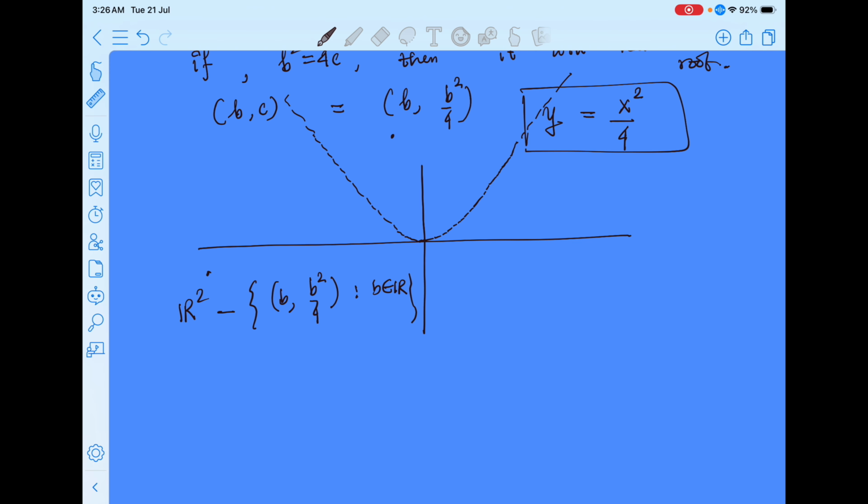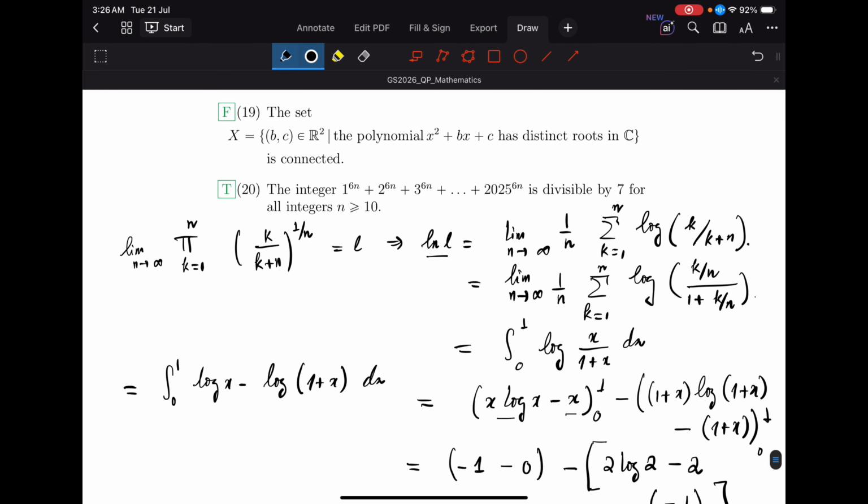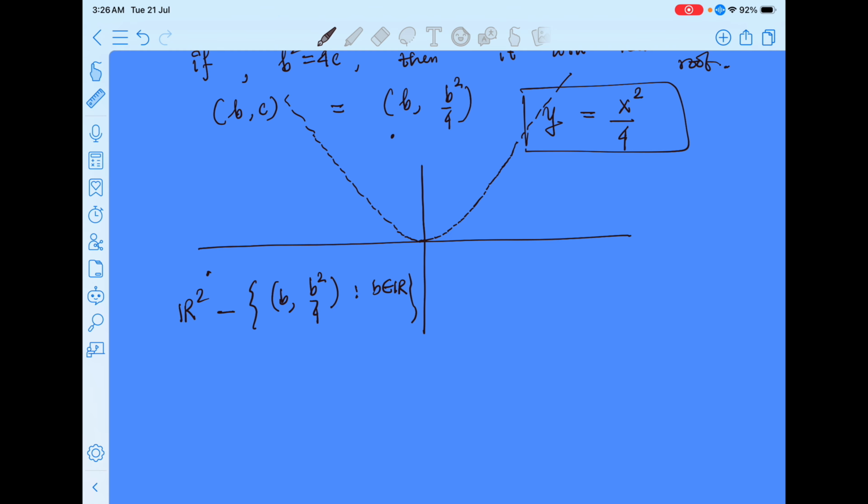Another way you can say this space will not remain path connected, because this parabola divides the r square plane into 2 regions, right? This will be not connected.